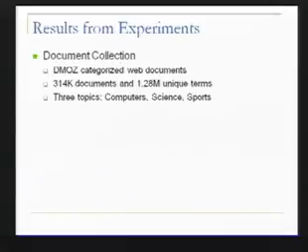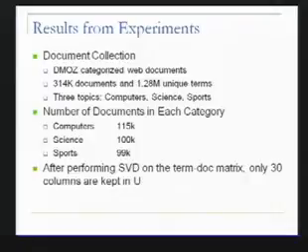The documents belong to one of three topics: computer, science or sports. The computers category had almost 115K documents, and it's similar across all three topics. Also, after performing the SVD for the semantic space, we kept only 30 dimensions.